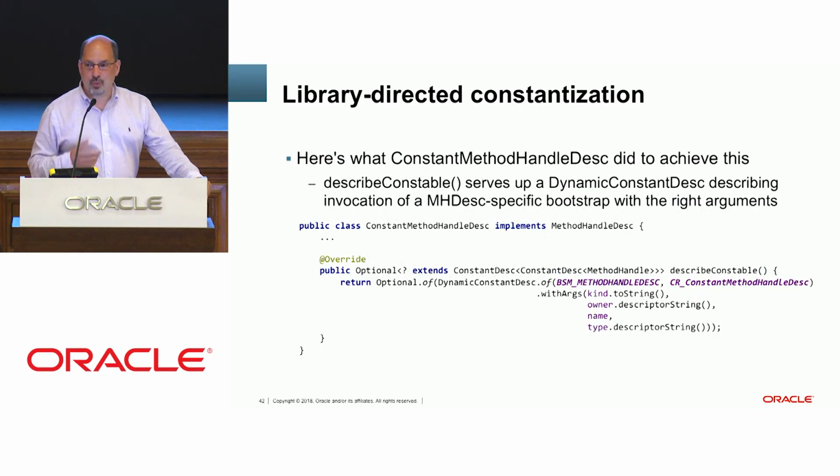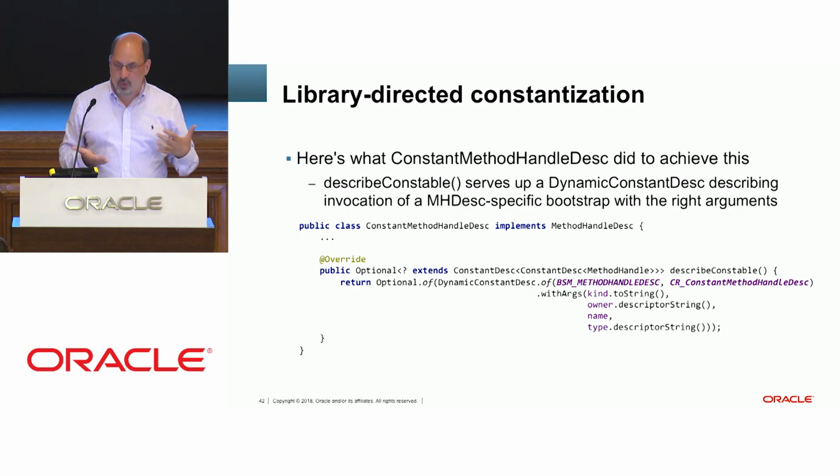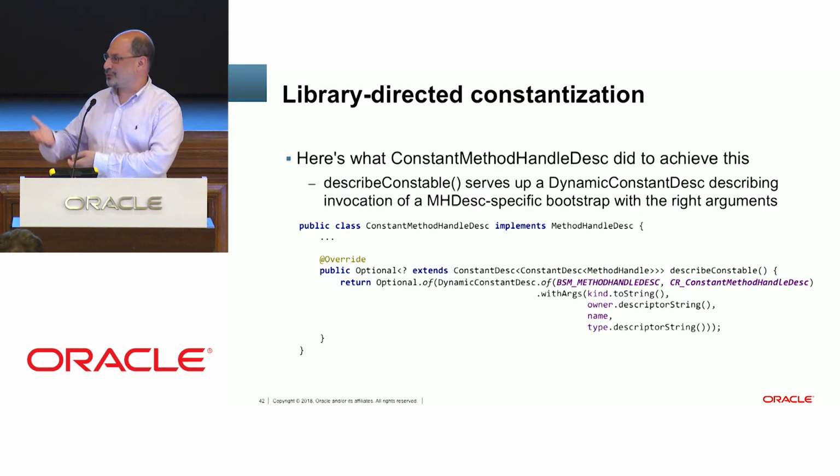So you might ask, what did method handle descriptor do to achieve this? Well, it had to implement one method. It had to implement describe constable. And that method has to hand back an optional of a constant descriptor. And what kind of constant descriptor is it going to hand back? Well, a descriptor for a dynamic constant, because it's not a built-in kind of constant. It's not a string. It's not a class.